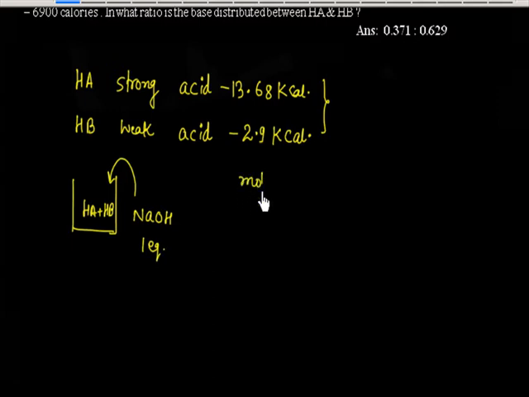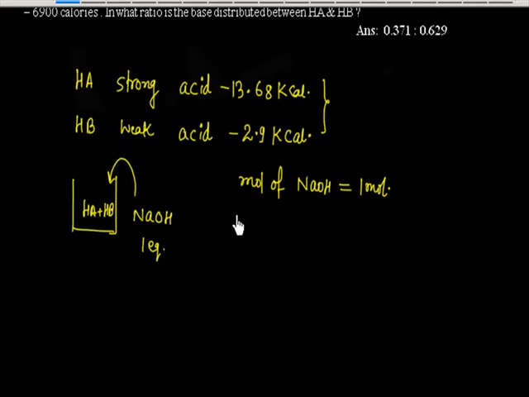So now I can write mole of NaOH equals 1 mole, and this NaOH is going to react, some mole with HA and some mole with HB. We have to find what are the percentages of HA and HB. So let us say the mole of NaOH that reacts with HA is a mole.